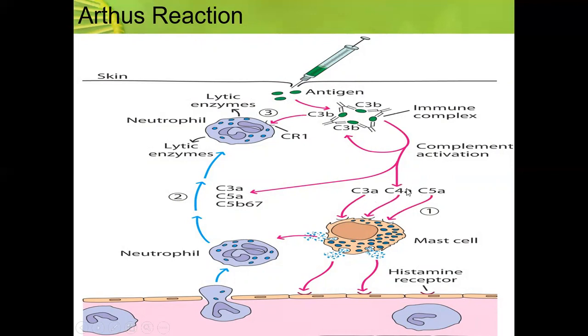And these activated complements will activate the polymorphonuclear cells or macrophages. And here it is activating the mast cells. And these mast cells will release the soluble mediators like histamines. And with the release of these histamines, it causes inflammation.